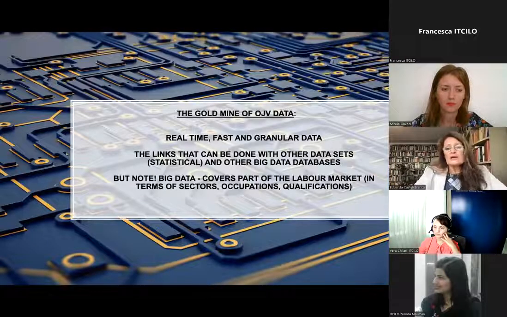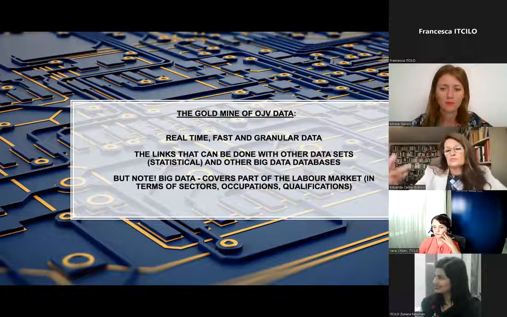A very important point that I also would like to note now is that OJV data, online job vacancies, or advertisements could even be a better term, is a gold mine. It is a gold mine that needs to be explored.